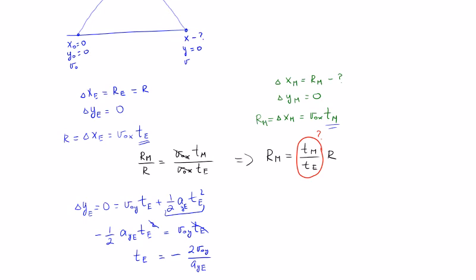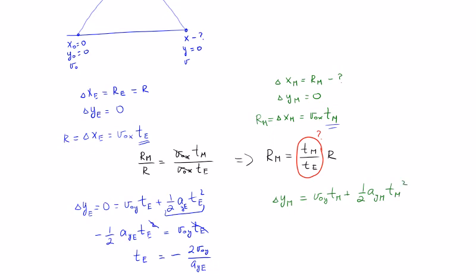We can do the same thing for the motion on the moon, which we can write delta y on the moon equals v naught y t on the moon plus 1/2 a y on the moon t on the moon squared.